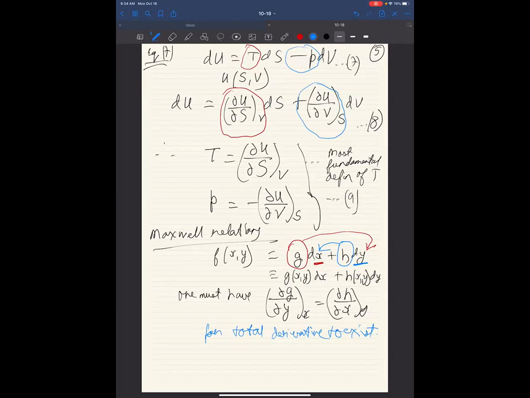What is partial g by partial y at constant x? 0. What is partial h by partial x at constant y? 0.